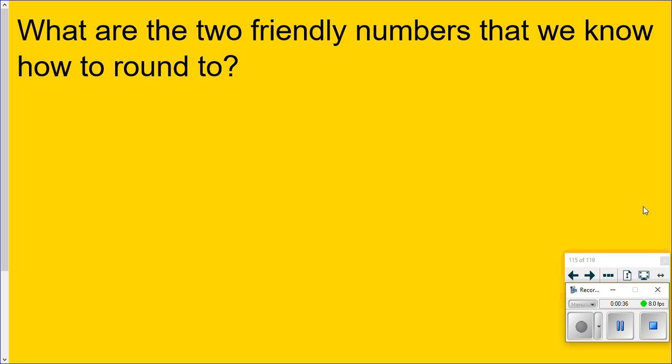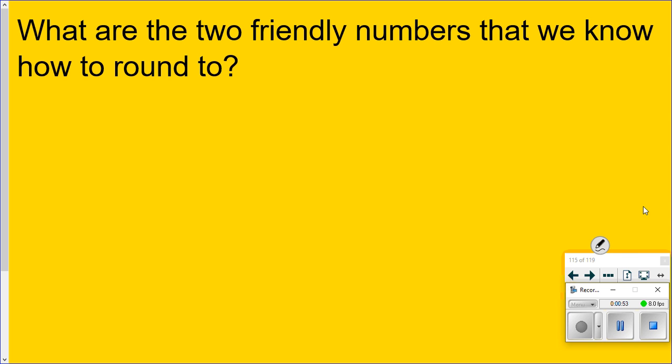Does anyone remember what those two kinds of friendly numbers are that we are trying to get to when we are rounding? Specifically rounding? Sean? Hundreds and tens?